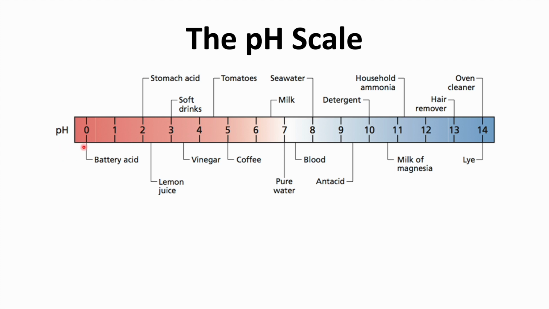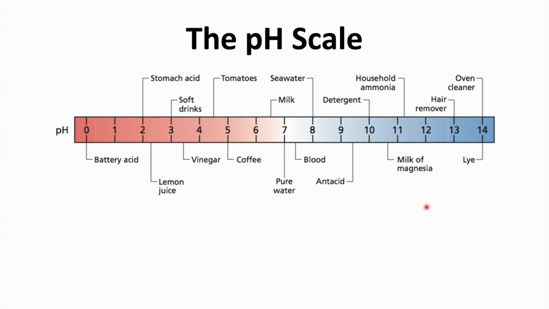And the lower the pH, the more acidic it is. So something like milk is slightly acidic, but battery acid is very acidic. Anything with a pH higher than 7 is going to be basic. And again, things that are basic are typically cleaning products.